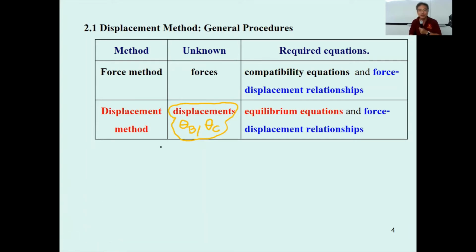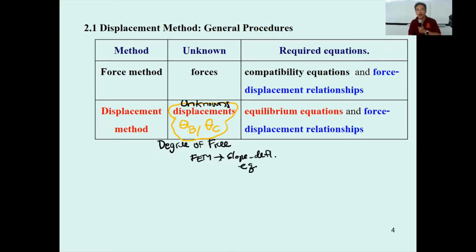Technically, we call this the degree of freedom, the unknown displacement for the slope deflection method. And then you get the fixed end moment, and then you write the slope deflection equation.